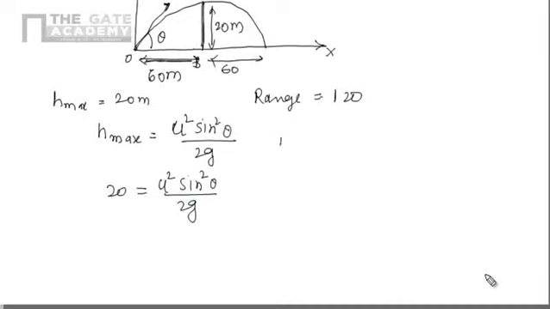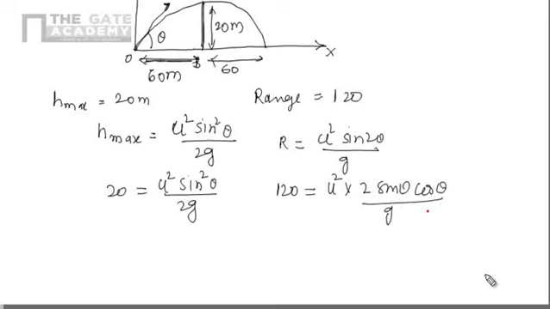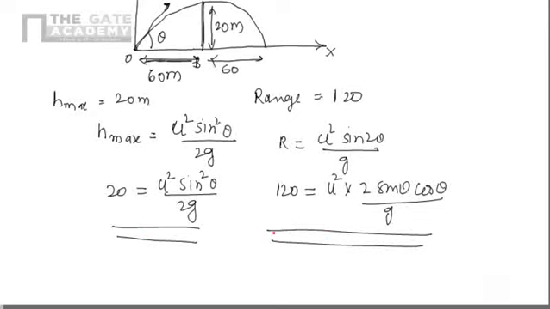Similarly, for range, we have the formula u square sine 2 theta by g. So 120 equals u square, and for sine 2 theta, I can write 2 sine theta cos theta, by g. So we have two expressions. 20 equals u square sine square theta by 2g, and 120 equals u square into 2 sine theta cos theta by g.